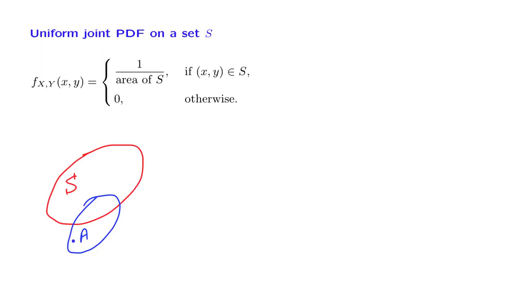Well, actually the PDF is 0 outside the set S, so the relevant area is only this part here, which is the intersection of the 2 sets S and A. So the total volume sitting on top of this little set is going to be the base, the area of the base, which is the area of A intersection S, times the height of the PDF at those places.